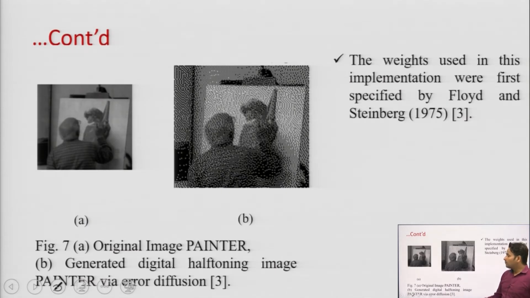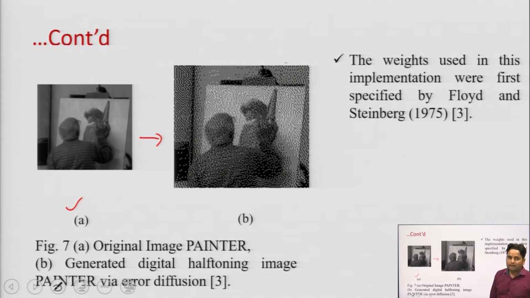Now, if we talk about the output of the error diffusion digital halftoning process. See, if we have the original painter image in this manner, then after using error diffusion digital halftoning, your image will look like this.